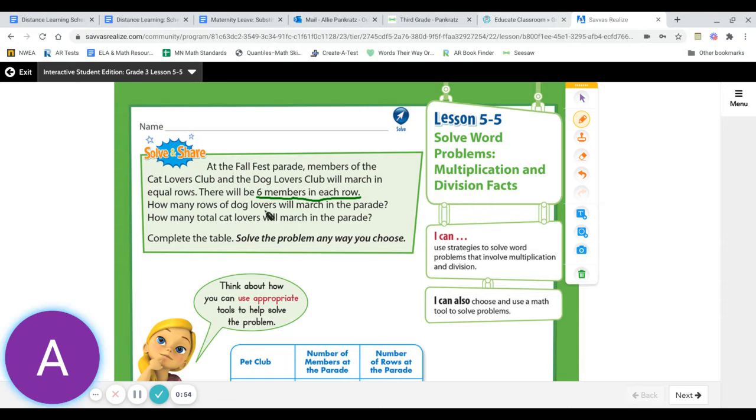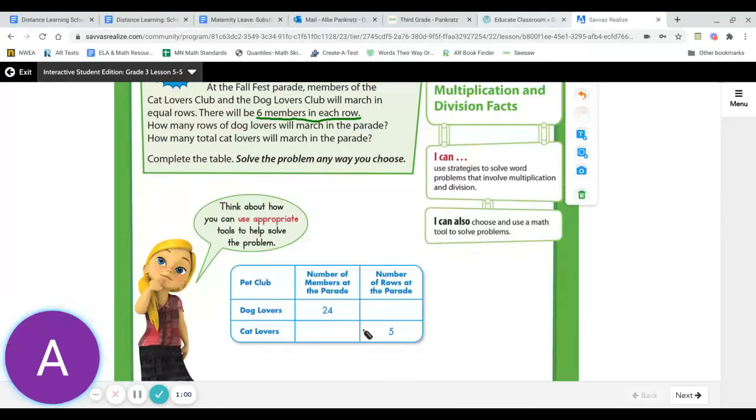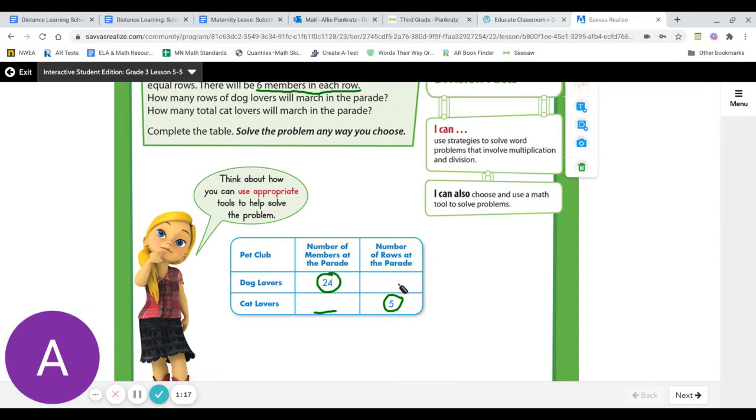How many rows of dog lovers will march in the parade, and how many total cat lovers will march in the parade? So they want us to fill in these numbers in the chart. So we know there are 24 members in the dog lovers group. The cat lovers, they want us to figure out how many total members there are, but we know that there will be 5 rows. If I look back at my problem, I see that there will be 6 members in each row.